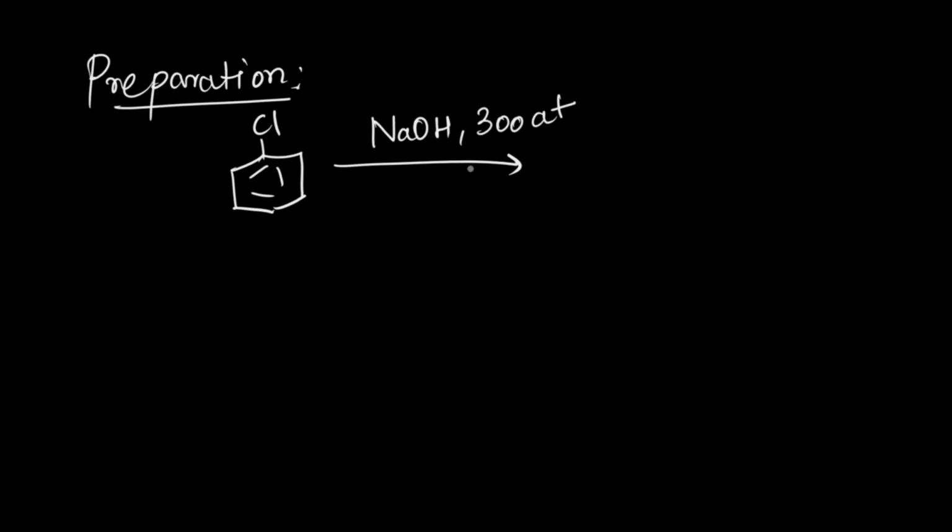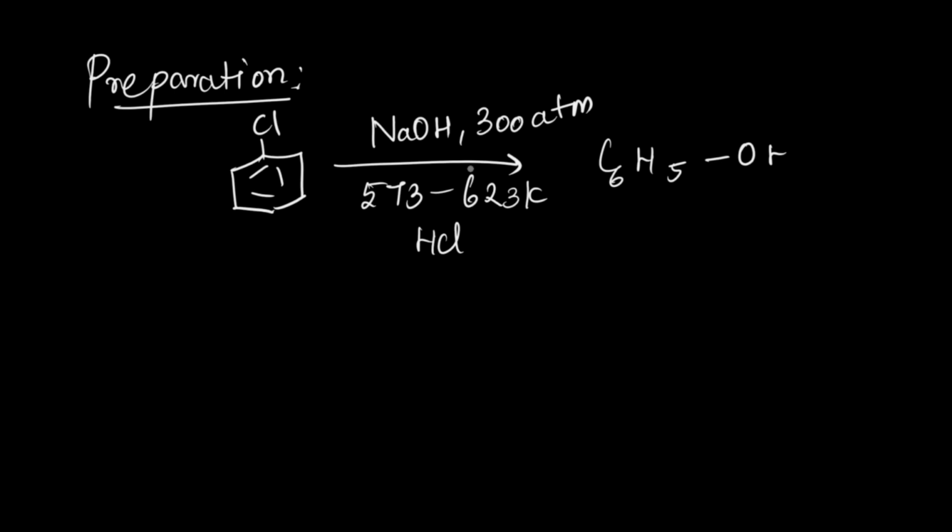Correct? That is what I am writing over here, with 573 to 623 Kelvin, presence of NaOH and 300 atm pressure, which will lead to the formation of phenol, that is Dow's process.